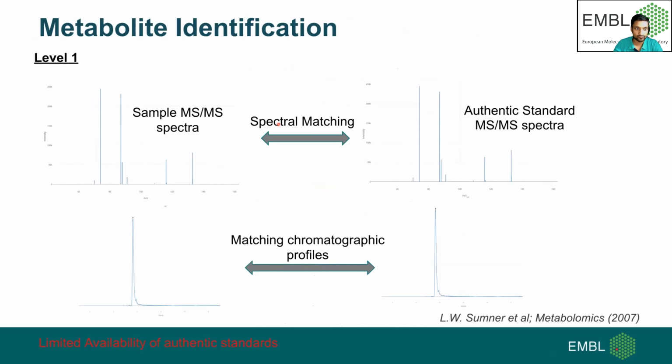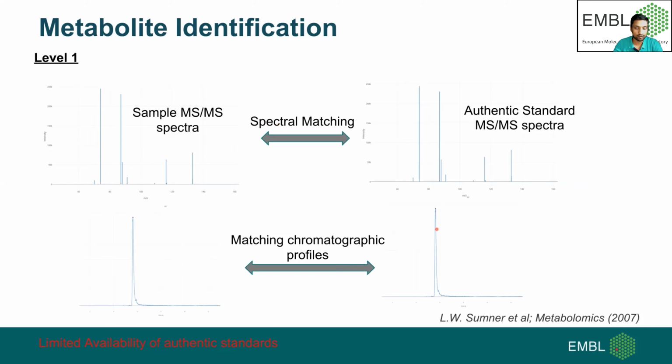Level 1 is if your spectra match with the authentic standard from the method which is analyzing in your lab. If you are analyzing a standard on the same instrument with the same method, and your fragmentation spectra and retention time are both matched, then this is level 1, the gold standard identification.